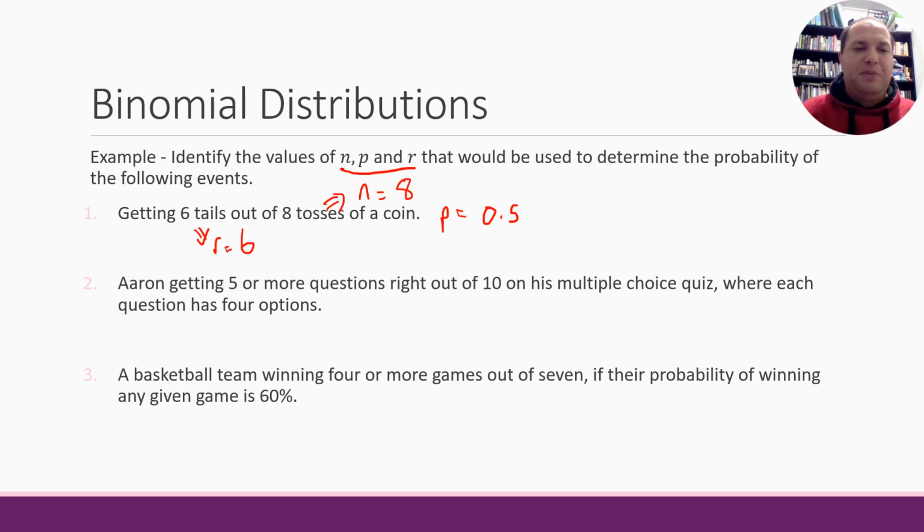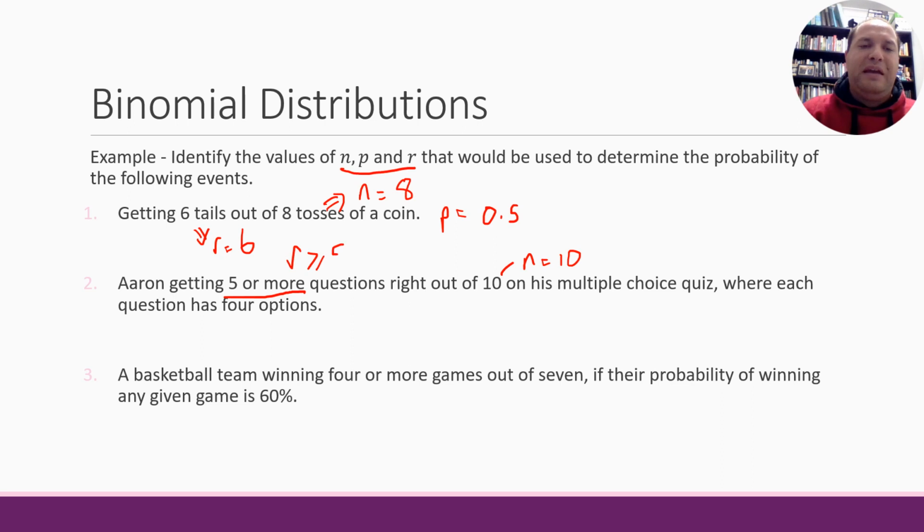Right, in the next one, we've got Aaron. What's the probability of Aaron getting 5 or more questions right out of 10 on his multiple choice quiz, where each question has 4 options? All right, so he's got 10 questions, so that's his number of trials. Now, we've got 5 or more questions right, so our r value isn't equal to 5.